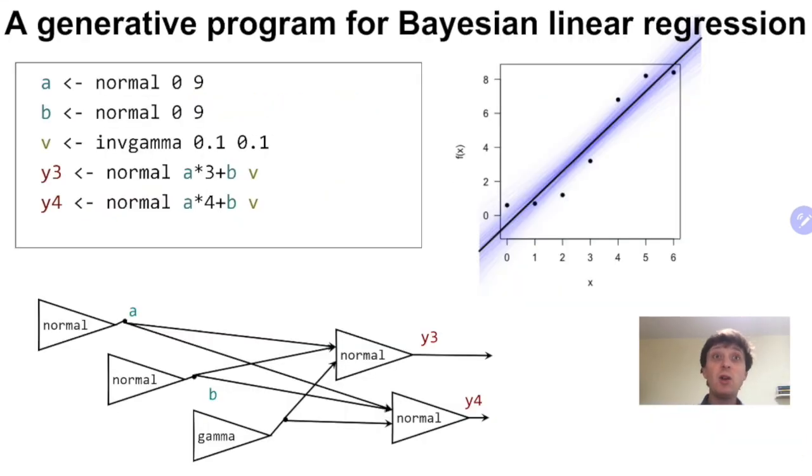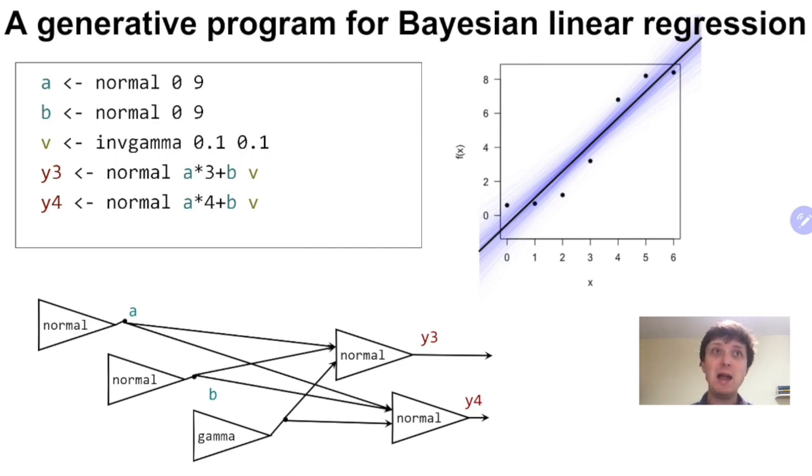Okay, so let's have a look at this from the perspective of the Bayesian linear regression problem that we were talking about in the first part of this tutorial. In the Bayesian linear regression problem, we're talking about fitting a line to some points and we want to get back a posterior distribution. And I set it up as a generative model to start with.